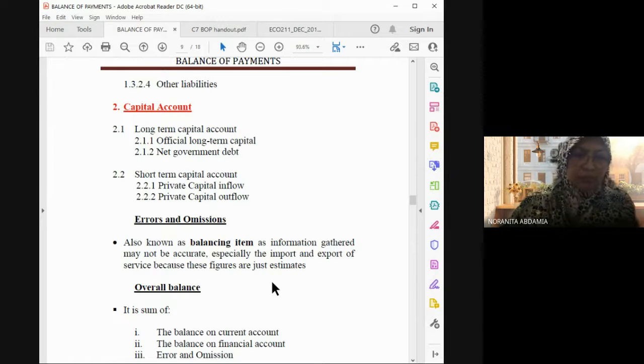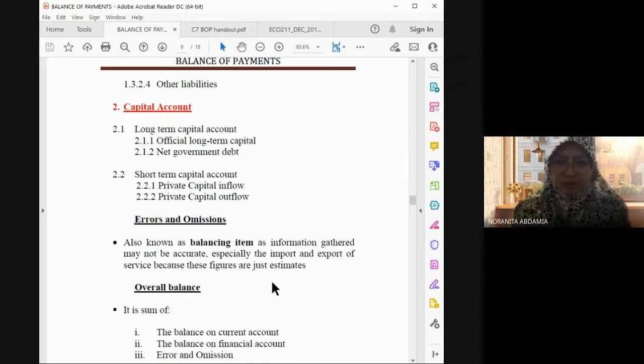Maksudnya apa? In the balance of payments itself, there may be some plus or minus in the numbers. So how to balance all the figures? That's why this item exists. And this is the purpose of errors and omissions.